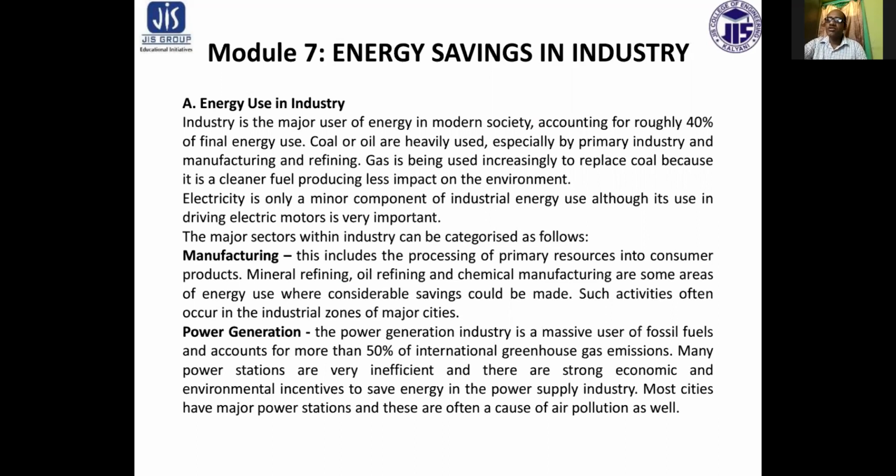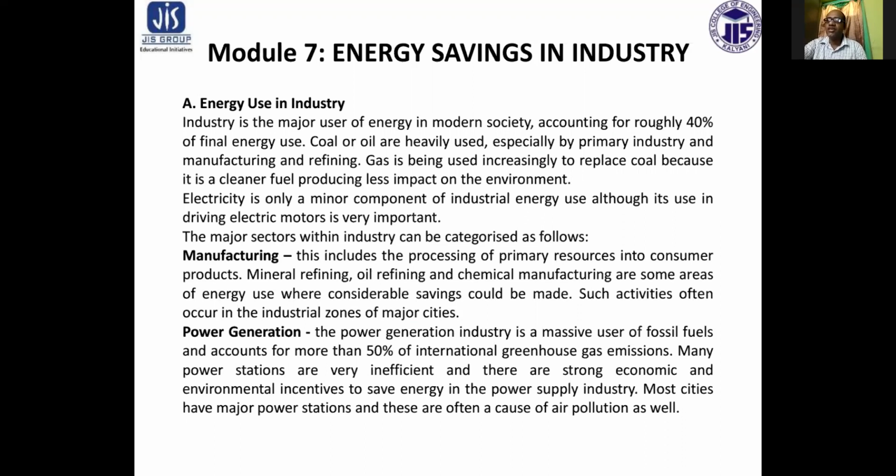The major sectors within industry can be categorized as follows. First of all, manufacturing industry. This includes the processing of primary resources into customer products.